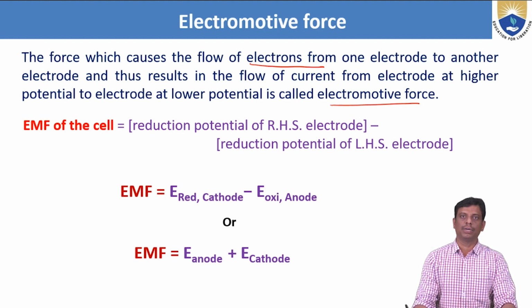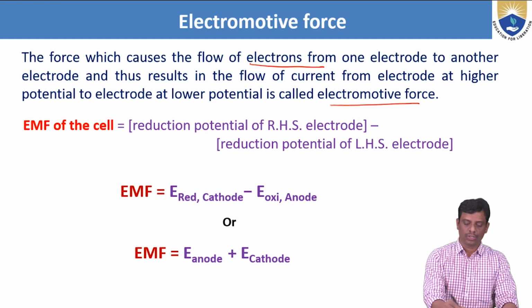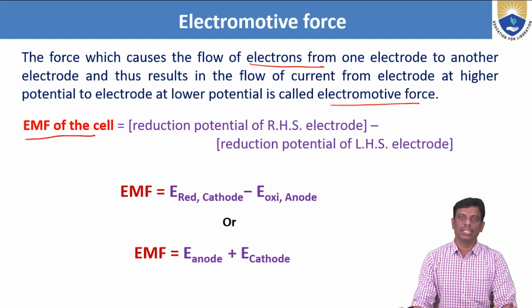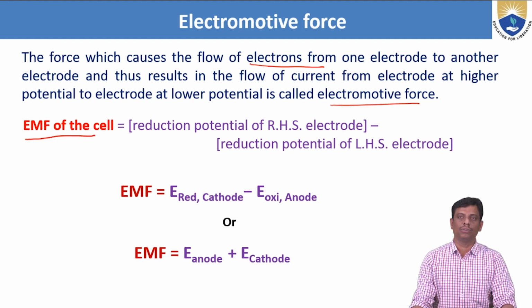Electromotive force is nothing but the EMF of the cell. So what is the EMF of the cell? The EMF of the cell is equal to the potential difference between the two half cells.